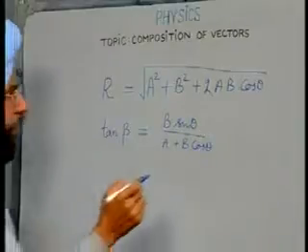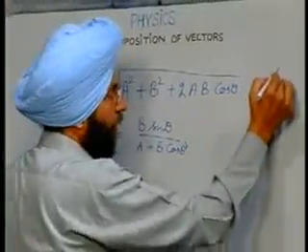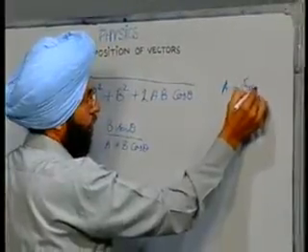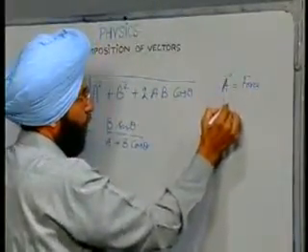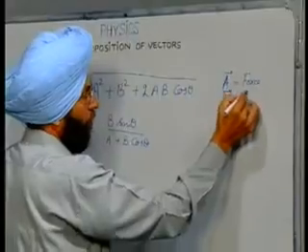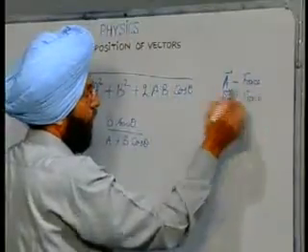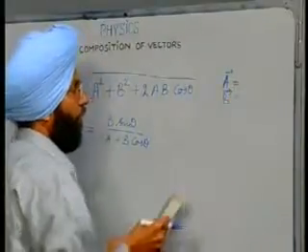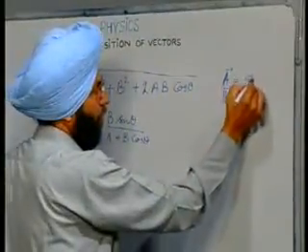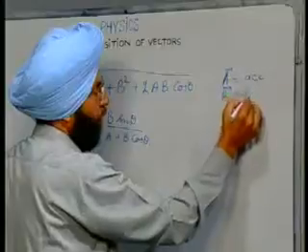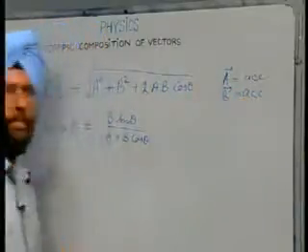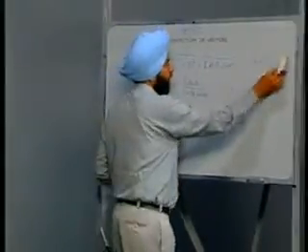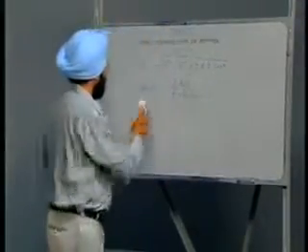That is, if A is a force, B also is a force. If A is acceleration, B is also acceleration, and like that. So, the two vectors should represent the same physical quantity.